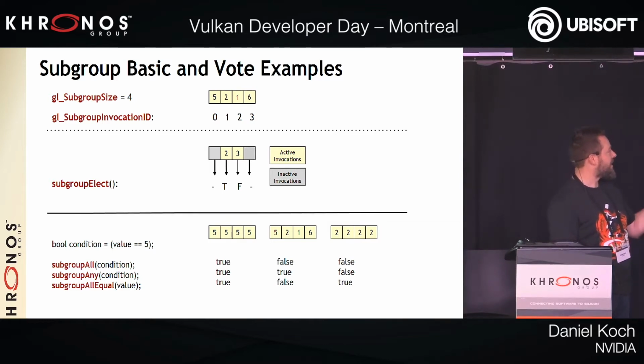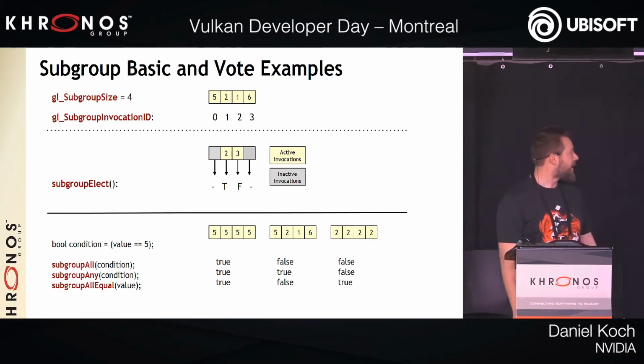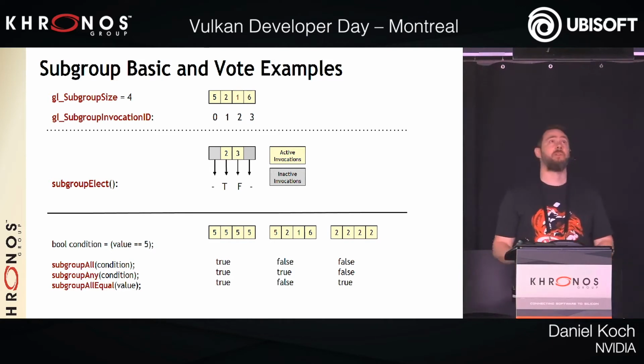The numbers inside them are the data, a specific value in the thread. So when we talk about value, it'll be 5, 2, 1, or 6. The invocations I'm always going to have on the left is going to be thread 0, thread 1, thread 2, thread 3, etc. I'm not always going to number the invocations, but that'll be the order that I'm going to be talking about them in. So just an example with subgroup elect.